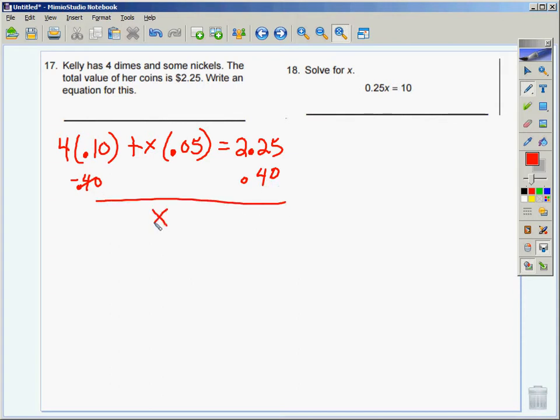It's going to leave me x times 0.05 is equal to 1.85, and I divide both sides by 0.05.